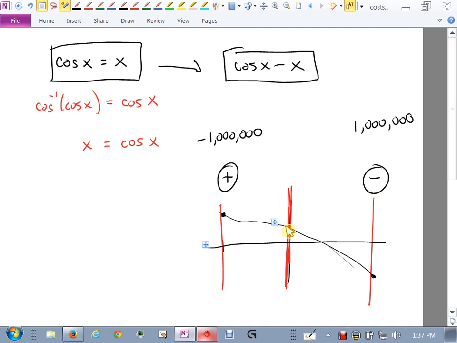So your calculator goes, okay, test it at negative 1 million, positive. Test it at 0, positive. No change in sign, throw that interval away. Then it goes between 0 and 1 million and says, positive to what? Negative. It's somewhere in there. So the computer says, cut that in half. Now, when it checks on this one, what happens? It's negative to negative. No change in sign. Cut that in half.